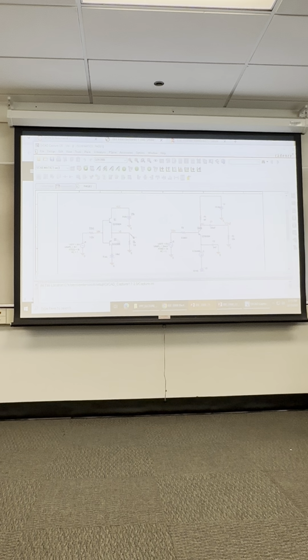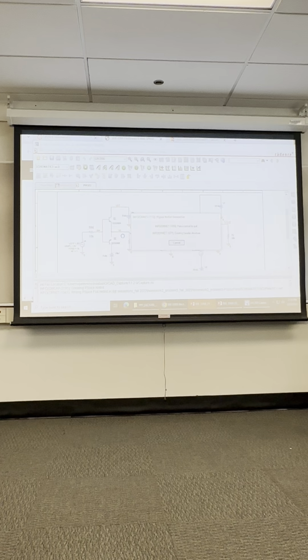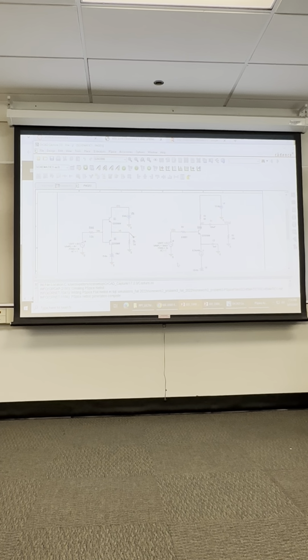This is not the same circuit, but it's a push-pull with 10K, and it's got a 4-volt sinusoidal on the input. It's basically just to view the crossover distortion on the amplifier.